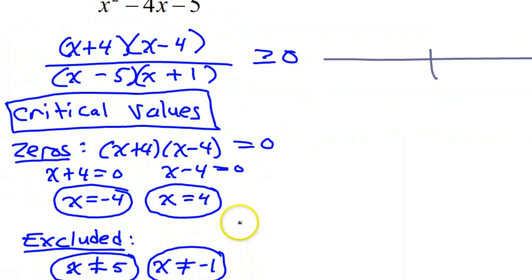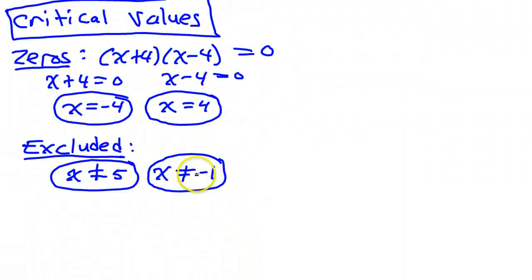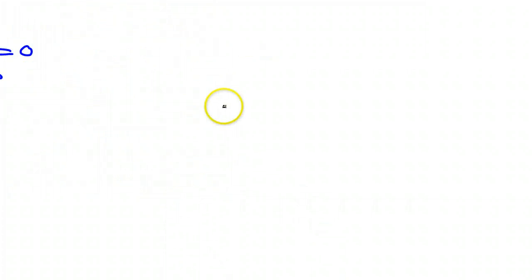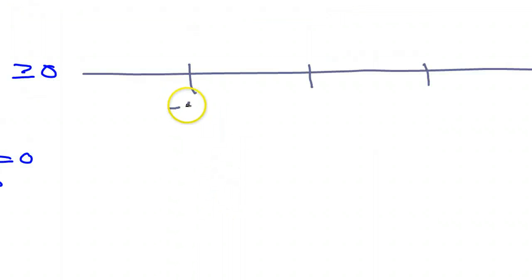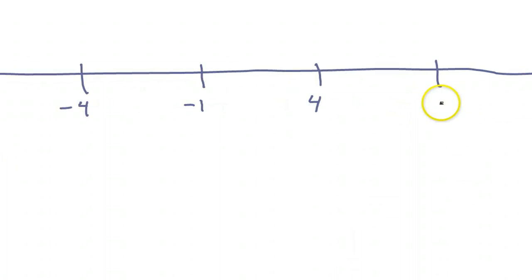Okay, so my critical values are negative 4, negative 1, 4, and 5. Negative 4, negative 1, 4, and 5. These are my critical values.